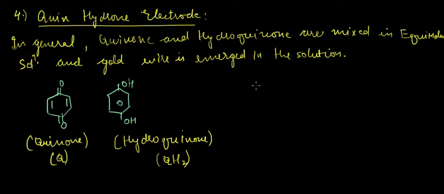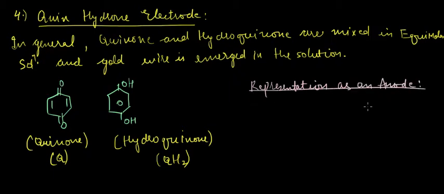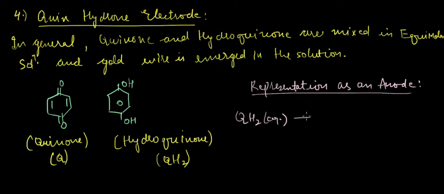So we'll be seeing representation of the same as an anode. So we can see that QH2 gets dissociated into Q aqueous plus 2H+ aqueous plus 2 electrons.